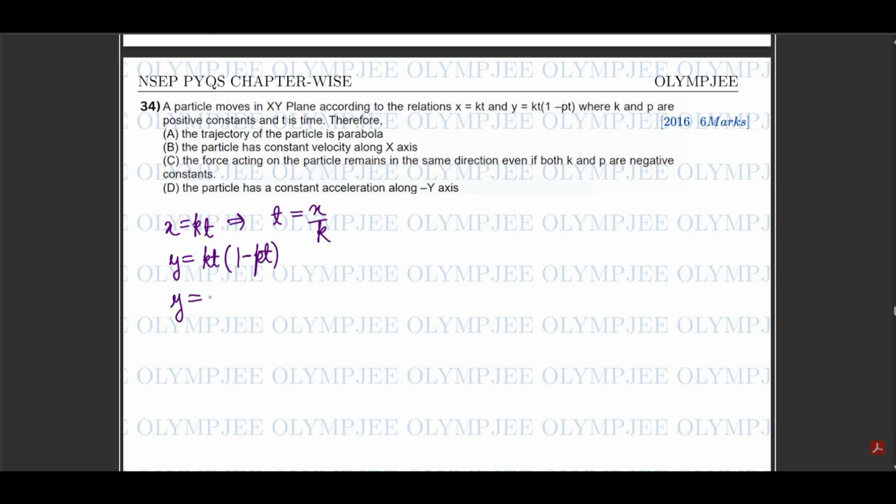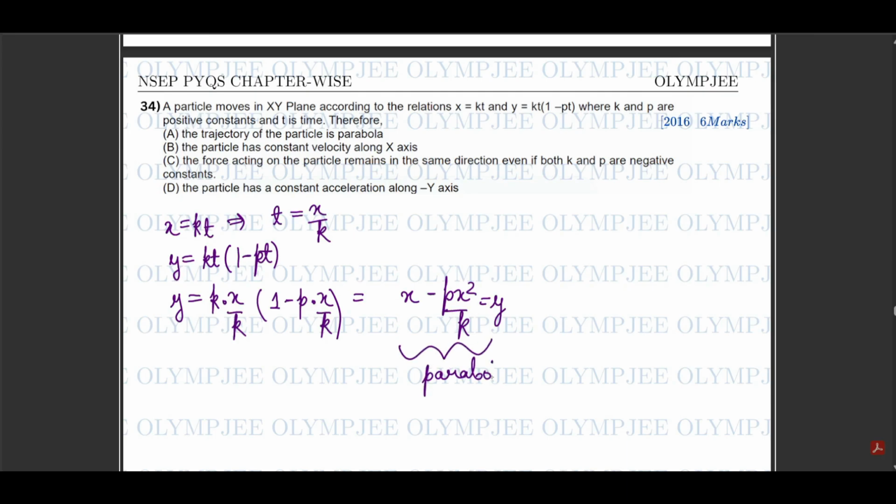So y will become k into x by k into 1 minus p multiplied by x by k, which gives x minus px square by k is equal to y. And since this resembles the formula of a parabola, the answer to 34, A, is correct.